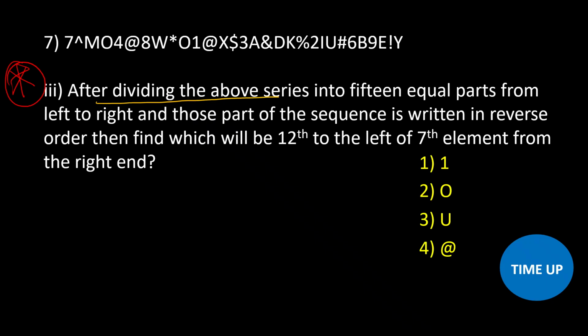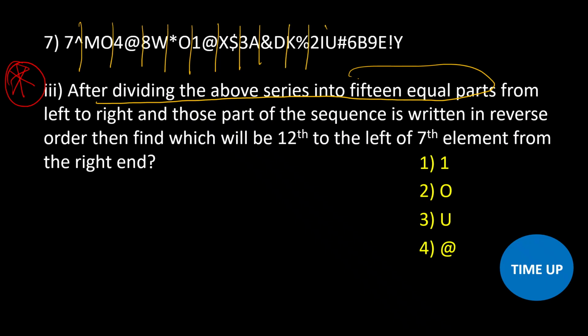After dividing the above series into 15 equal parts, they have said 1, 2, 3, 4, 5, 6, 7, 8, 9, 10, 11, 12, 13, 14, 15. So I have divided it into 15 equal parts now. Now those are written in reverse order from left to right. That means we have divided this into two parts, right?